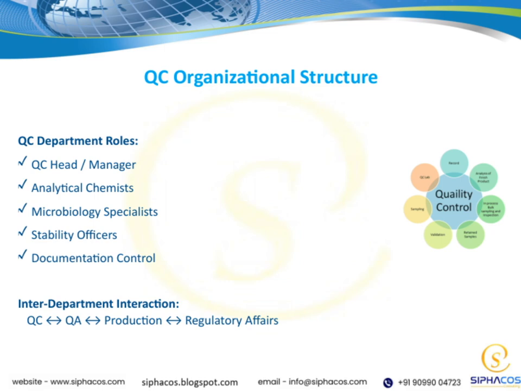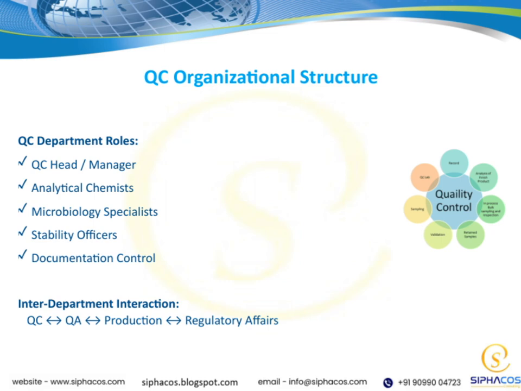Then, we have the microbiology specialists, responsible for ensuring our products meet microbiological safety standards. Stability officers manage stability testing to confirm our products remain effective over time. Finally, documentation control ensures that all records are accurate, organized, and compliant with regulations.